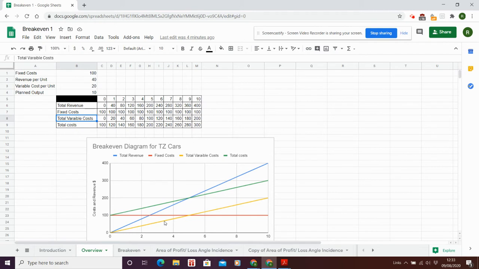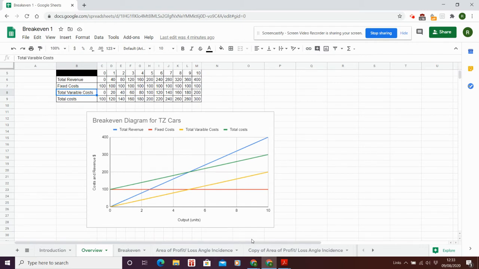Very often you don't need to draw particularly this line, which is the total variable costs. You will always have to draw the total cost line, and you will always have to draw the total revenue line, and you may or may not be required to draw the fixed cost line.